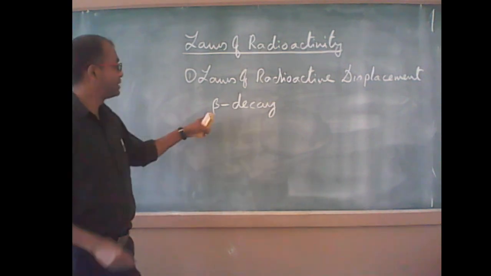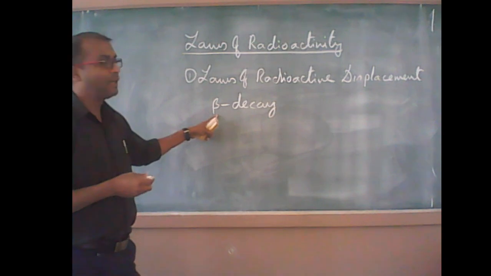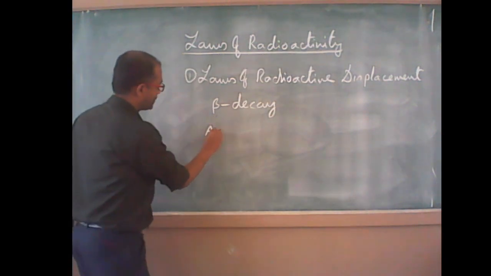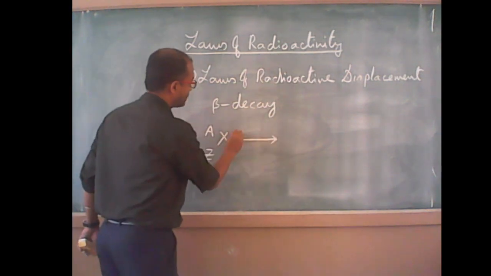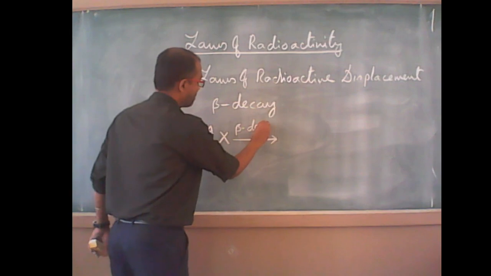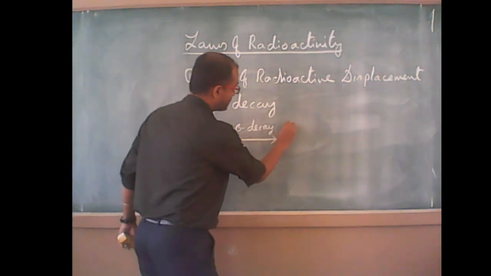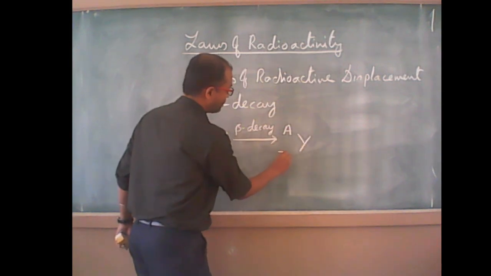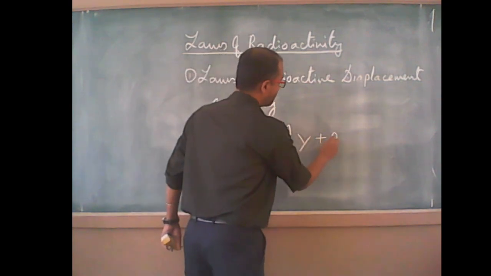Second, we consider the beta decay process, or the process of beta emission. In this process, what happens? Again, let us say I have a nucleus AXZ. If it undergoes the phenomenon of beta decay, the mass number in this case remains the same, but the atomic number increases by 1, plus the beta particle emission.